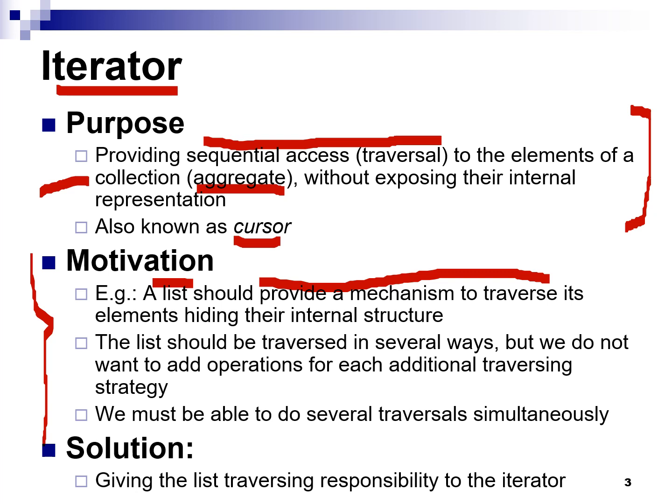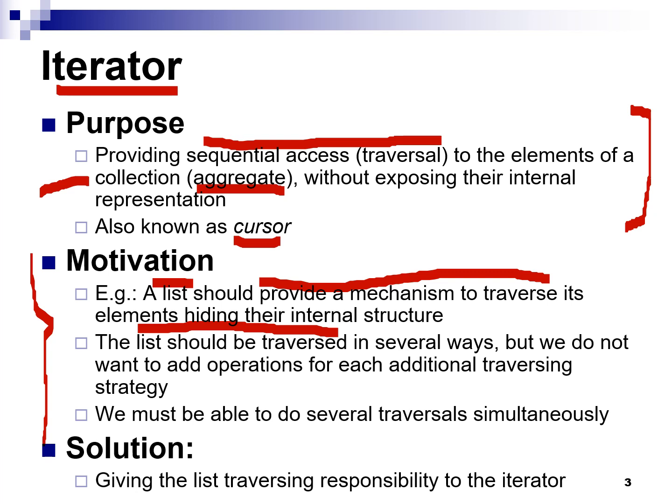Moreover, you may want to traverse the list in different ways, for example, backwards or forwards, but of course you do not want to have many methods within the list for the traversal, because whenever you want to have another strategy, you may need to add new methods, and at the end you will have a lot of methods in the same class, and that's not good.